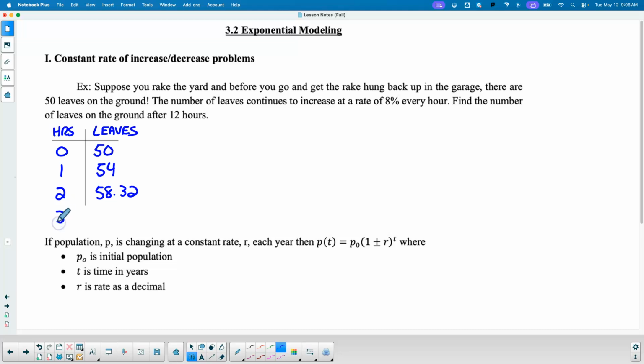After 3 hours, how many leaves on the ground?